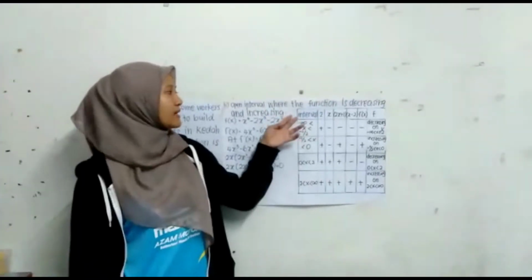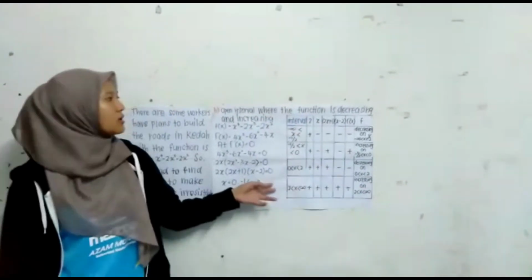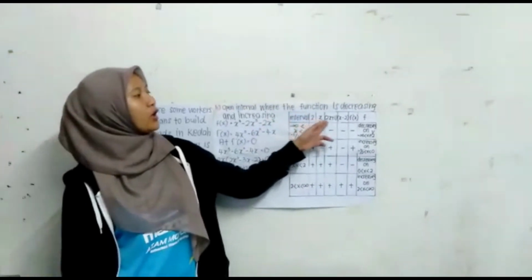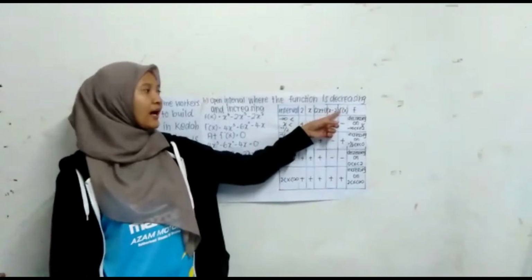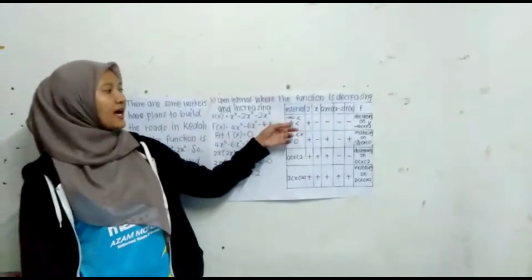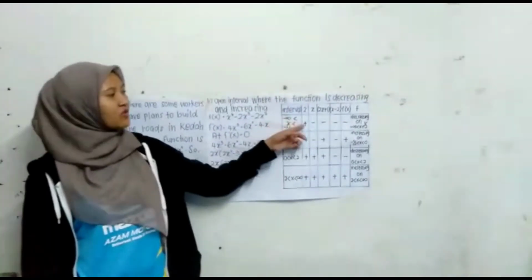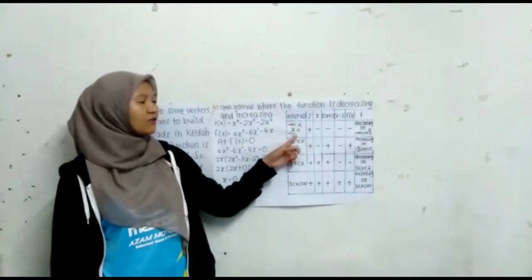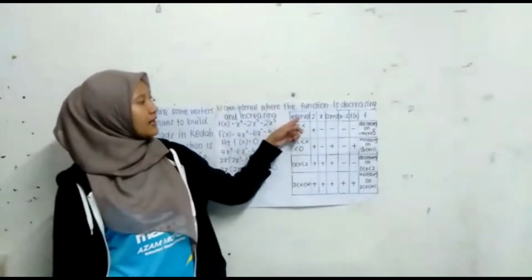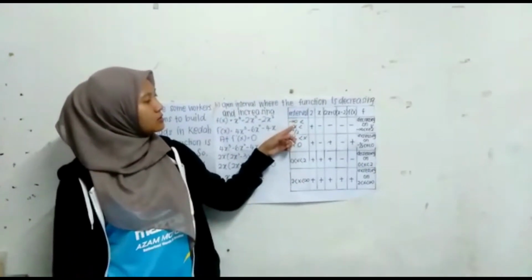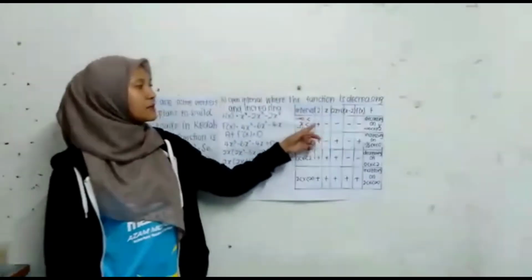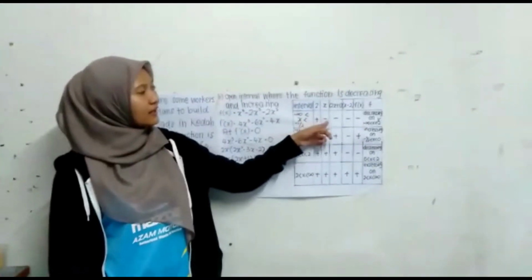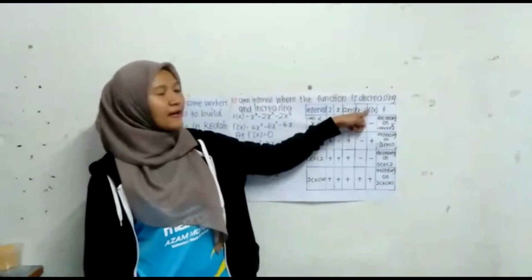The last step, we must draw the table, with the interval, and put all these factors: x plus 1 over 2, x minus 2, and f prime x and f. The first interval is x more than negative infinity and less than negative 1 over 2. Then we substitute the x values into the equation and the signs become positive, negative, negative, negative, which is f prime x.